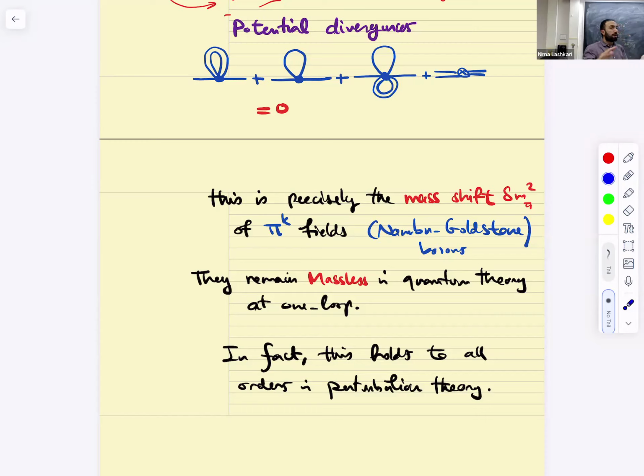Here in the quantum case, above the transition, quantum fluctuations wash them out. But that's a beautiful story.